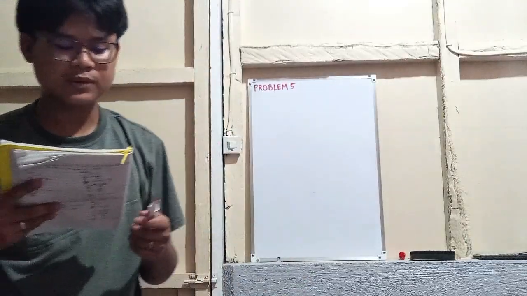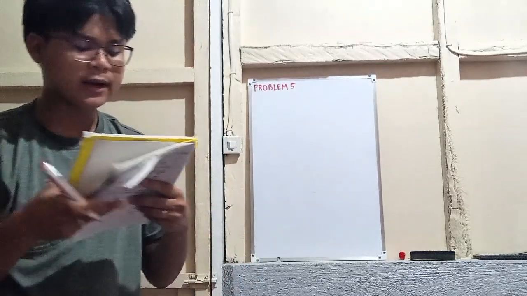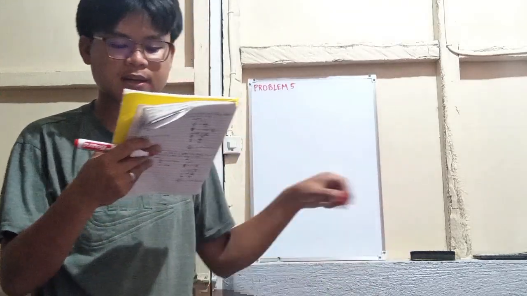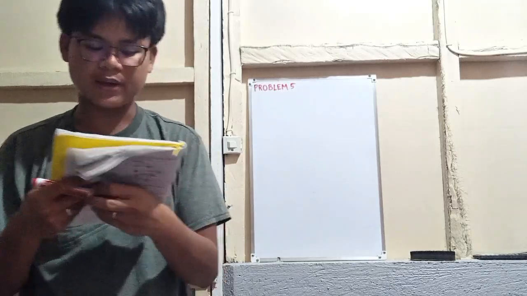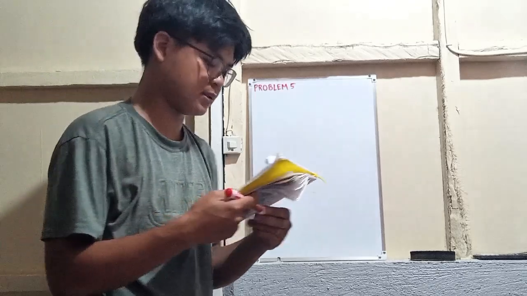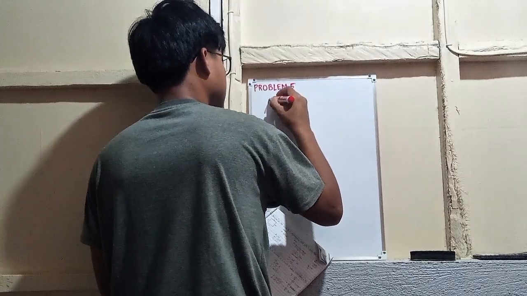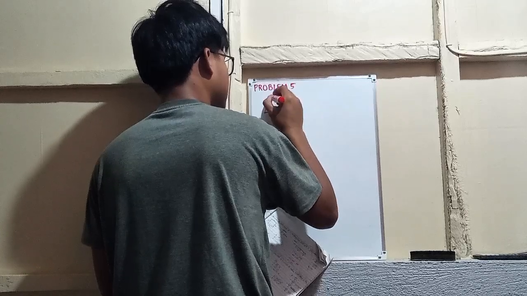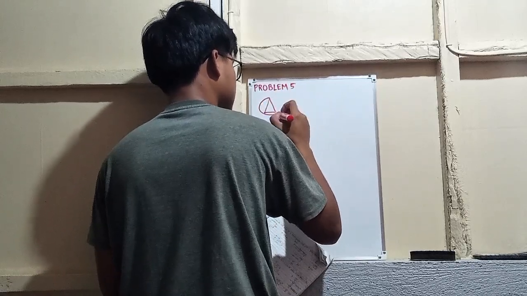So we will proceed with problem 5. An equilateral triangle is inscribed in a circle of radius 10 cm. What is the area of the equilateral triangle? So first we will draw the equilateral triangle inscribed in a circle.